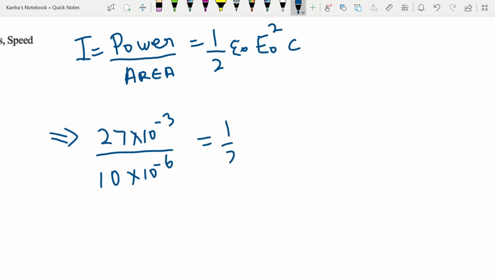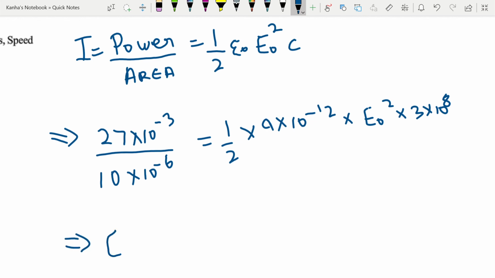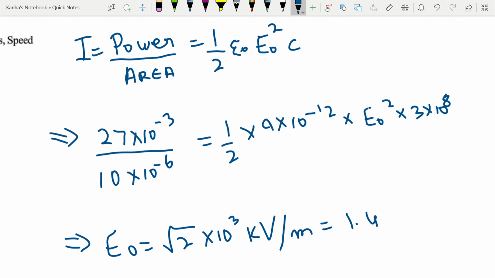This is nothing but half into 9 into 10 to the power minus 12 into E naught square into 3 into 10 to the power 8. From simple calculations, you can find that your E naught is nothing but root 2 times 10 to the power 3 kilovolt per meter, equal to 1.4 kilovolt per meter.